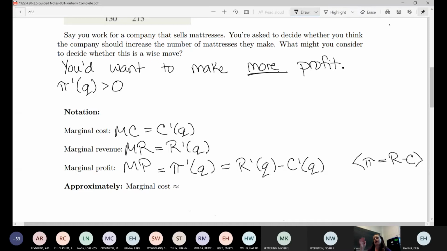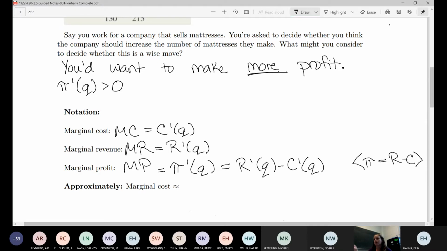I've said this idea multiple times, and again, you want to make sure this connection is in your head: a derivative is a slope. If we want to talk about making the next item, and you think about slopes in the step interpretation way, rather than the rate way, that tells us if we increase the quantity by 1, how much our profit is going to increase or decrease by. So that's exactly what we'll want to look at.